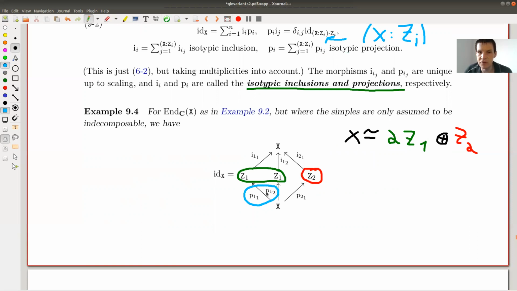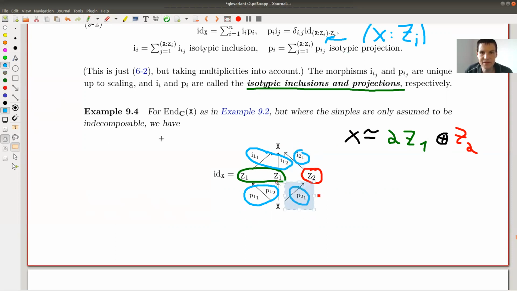You have choices how those projections look like, and also for the inclusions. But up to scalars, there is no choice for the sum of them. So the projection on the isotypic component is unique up to scalars, and that's the best you can hope for. And here it's just boring, you just have one.